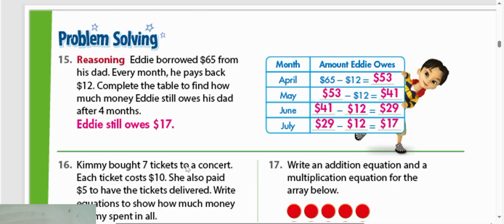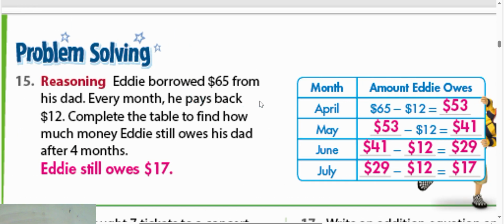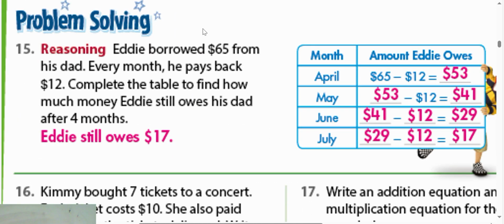Now we can find the difference between two numbers here from the table. Look at here. Eddie borrowed $65 from his dad. Every month he pays back $12. Complete the table. Find how much money Eddie still owes his dad after 4 months.